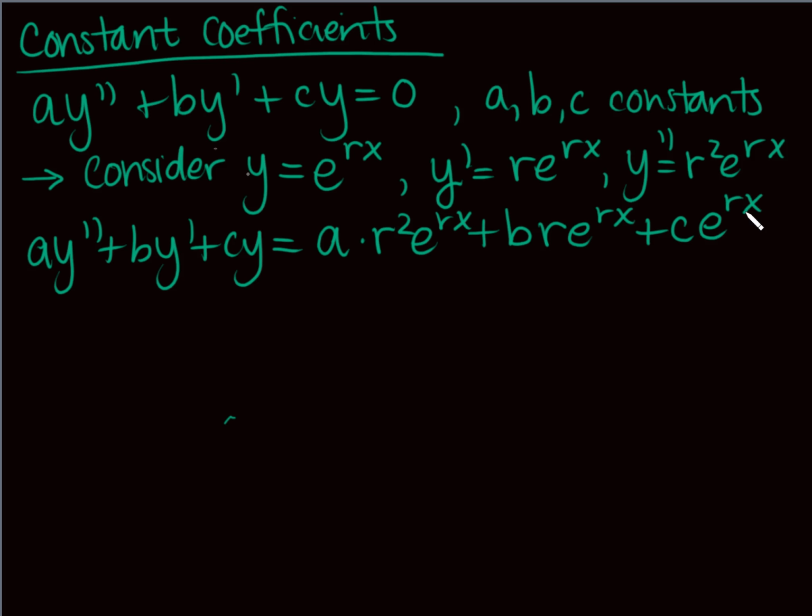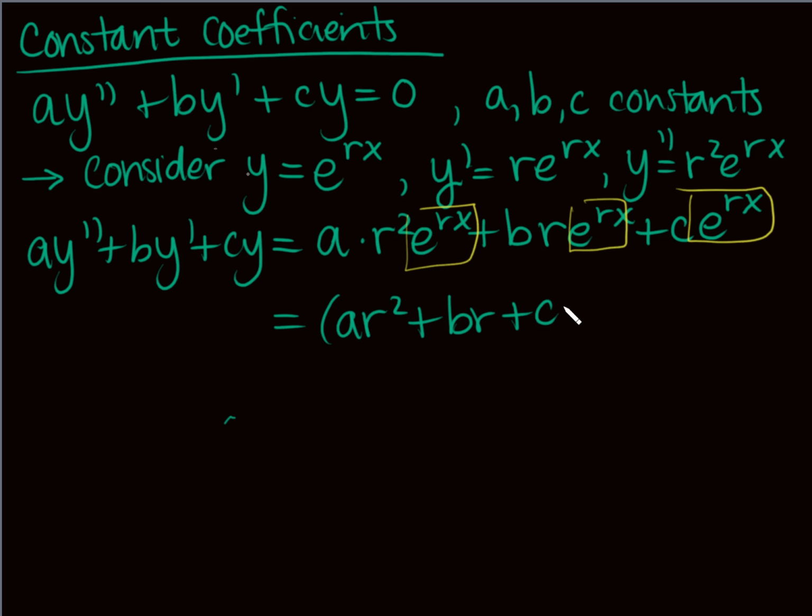Now, this is so great, you guys. You're going to love this. I forgot how fun this was. Look at what I have in common to all of these. What I have then is ar squared plus br plus c, times e to the rx.